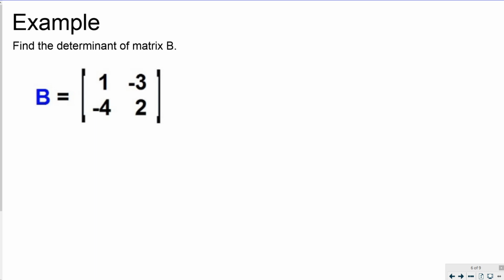Find the determinant of matrix B. Again, these elements are in order from A, B, C, and D. So I remember the determinant of any matrix is equal to AD minus BC, and then I plug in the values that I have.